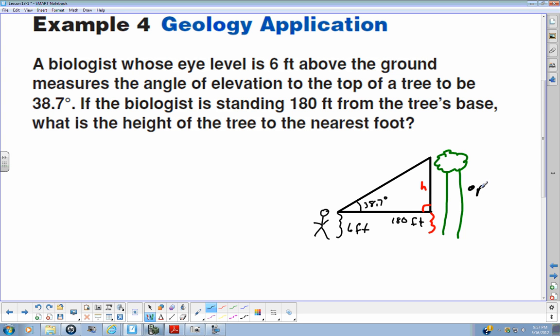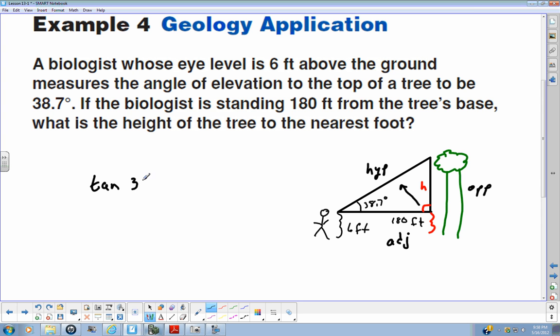So this is the opposite. And the 180 would be our adjacent side, because that's across from the right angle, so that would be the hypotenuse.